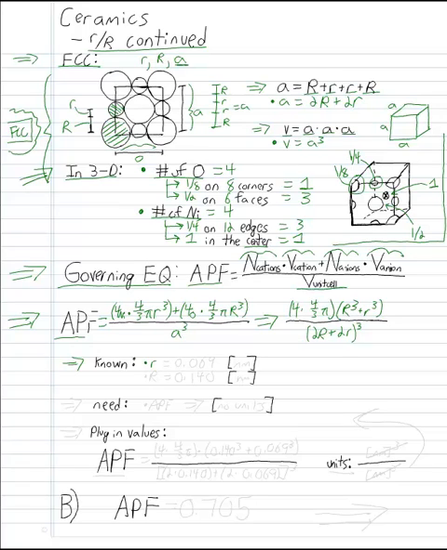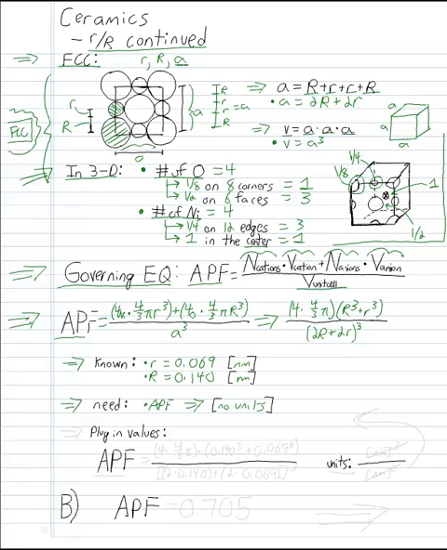So we know little r, that was given as 0.069 nanometers. And we also have big R, that's equal to 0.140 nanometers. What we need then is the atomic packing factor, and that actually is going to have no units, since it's a volume over a volume.